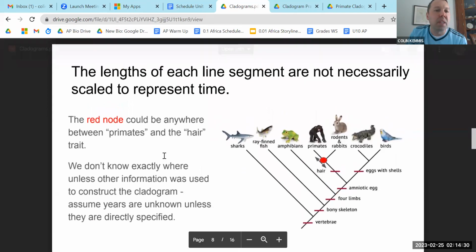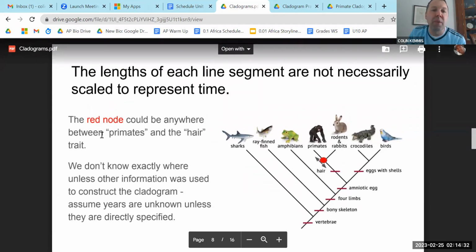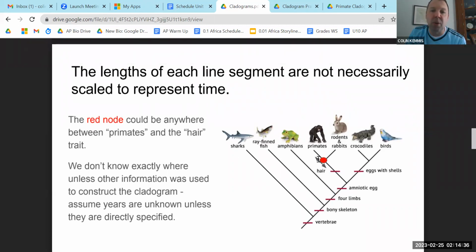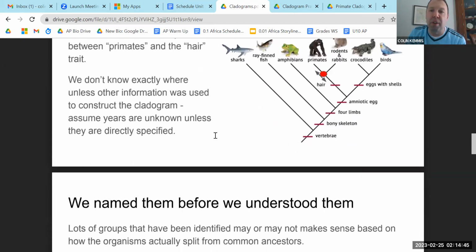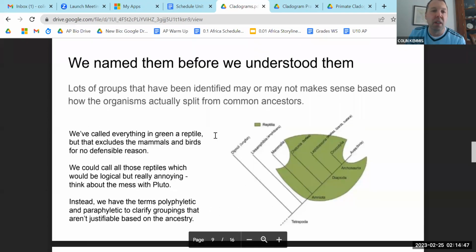All right, red node could be anywhere between primates and hare. Okay, that would be anywhere with a common ancestor. We don't know exactly where, unless we did have a time frame on this, which we don't really have. We don't have a scale bar. And this is a problem for quite a few things because we did name them before we really understood their evolutionary relationships.